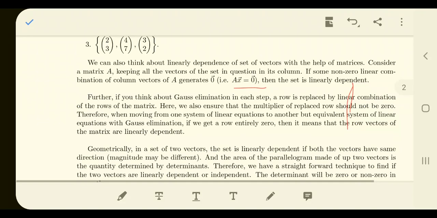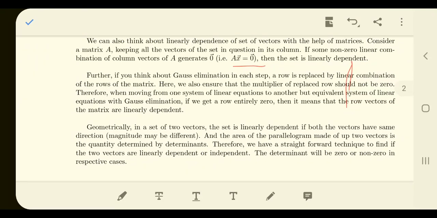Another way is to think about the Gauss elimination process. What it does is you take the rows and subtract the rows, or you make a linear combination of row vectors and try to make something zero, right? Now, if a particular row goes completely zero, definitely you are able to make the row 0 just by making a linear combination of previous rows.